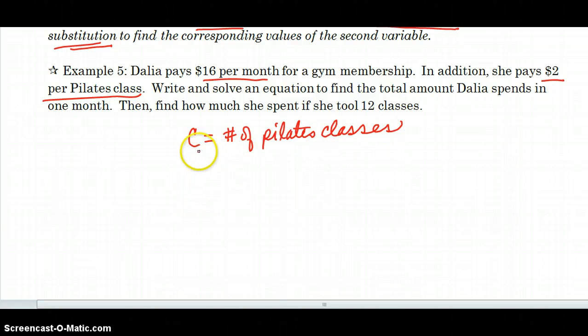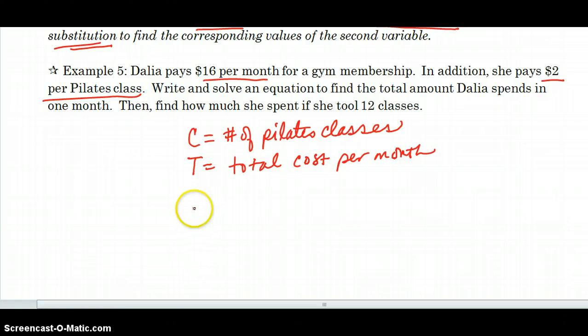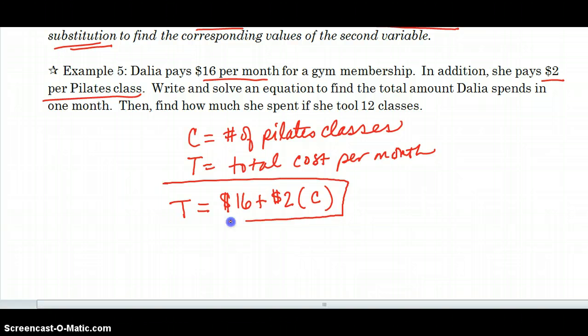All right, and I'm going to say T stands for total cost per month, because that's what they're asking us. How much does she spend per month? So T, her total cost, equals the $16 that she has to pay no matter what, plus $2 for every class that she takes. So this would be my equation.